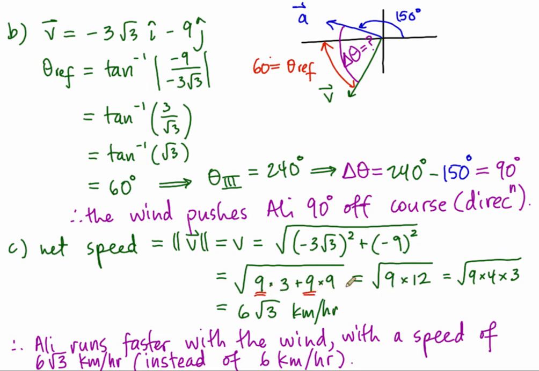When I factor out that 9, I'm left with 3 plus 9, which gives me 12. So I have 9 times 12, and then I further factor the 12 into 4 times 3, and from all of these perfect squares, I can simplify the 3 from the 9, a 2 from the 4, giving me the 6 outside, and the square root of 3 inside. Now I know that this number 6 square root 3 is greater than 6, so I know that with the wind, Ali is running faster than he does without the wind.